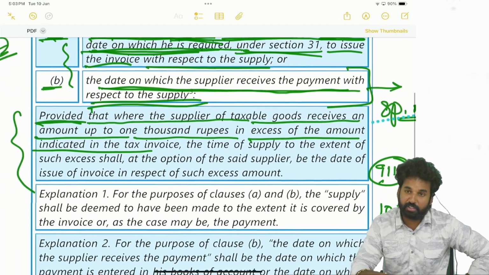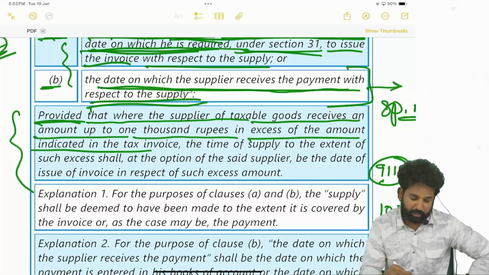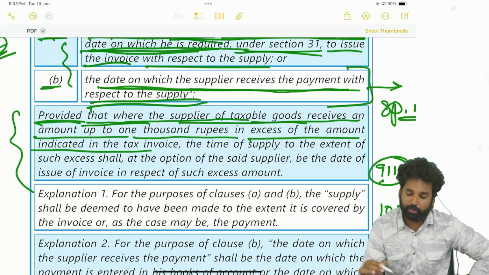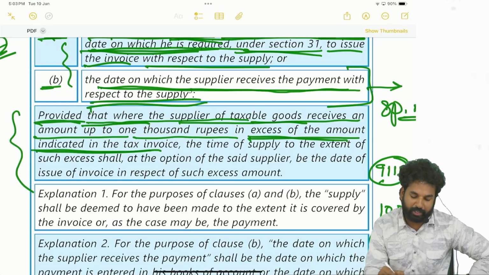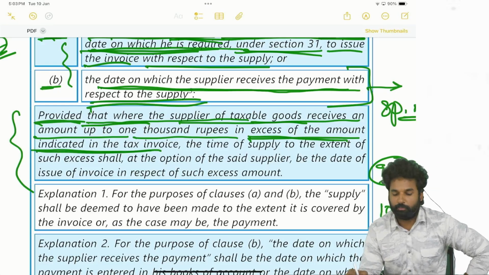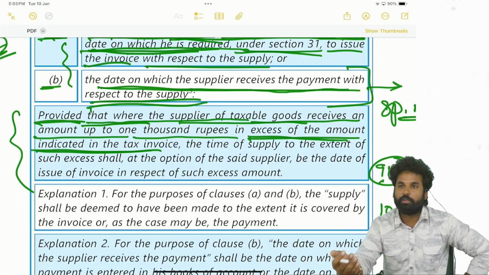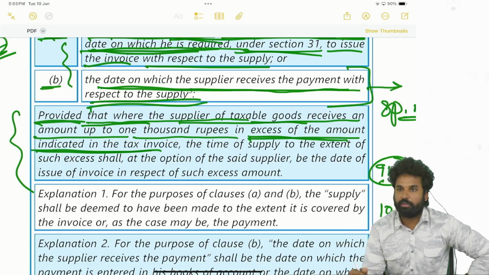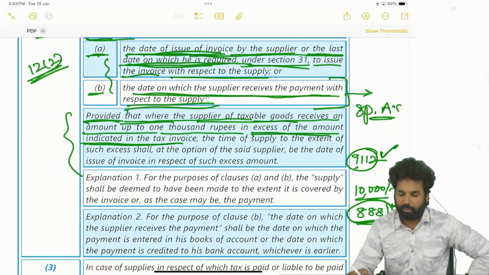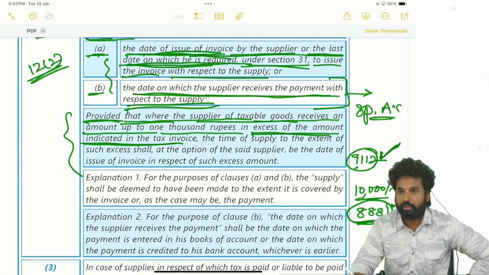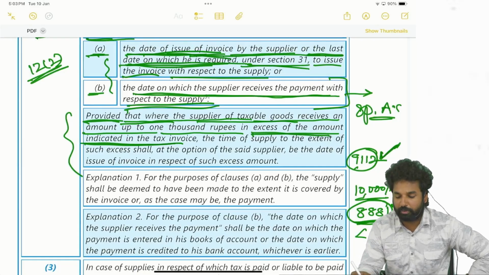So for that excess amount, it says that where the supplier of the taxable goods receives an amount up to 1,000 rupees in excess of the amount indicated in the tax invoice, up to 1,000 rupees you are receiving as advance, that means advance or excess amount. When compared to the invoice value, you are receiving an excess amount of 888 rupees, and that too less than 1,000 rupees.